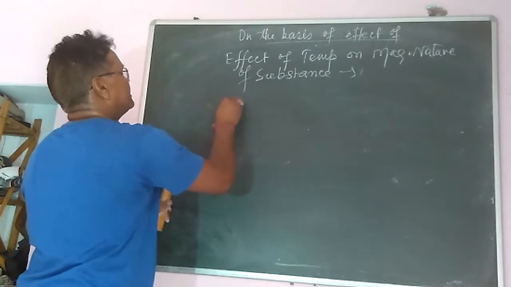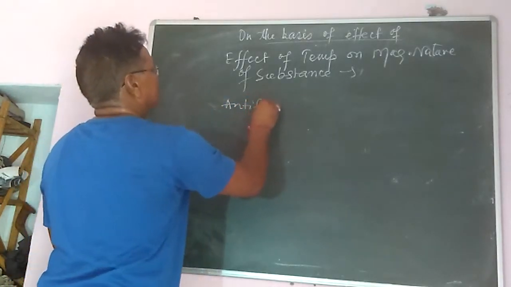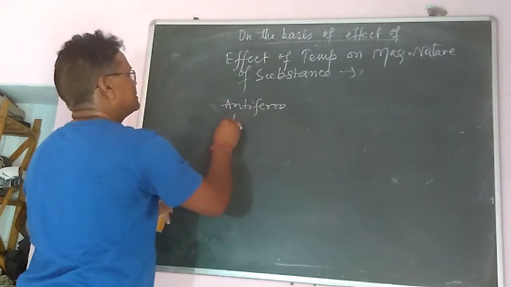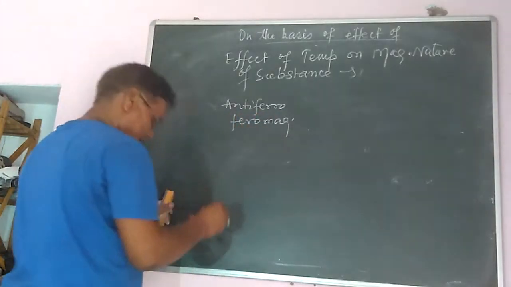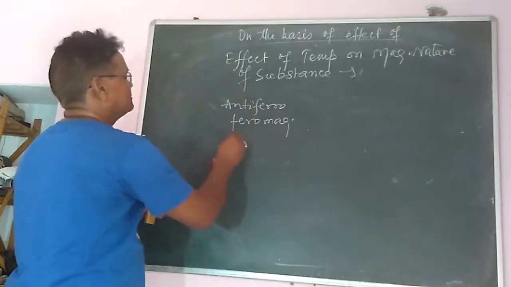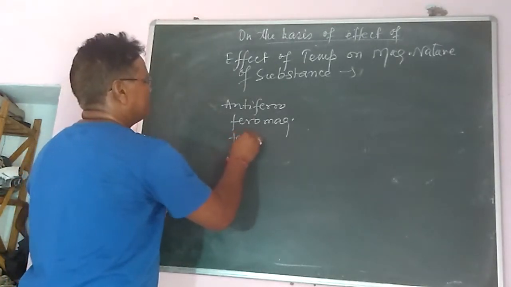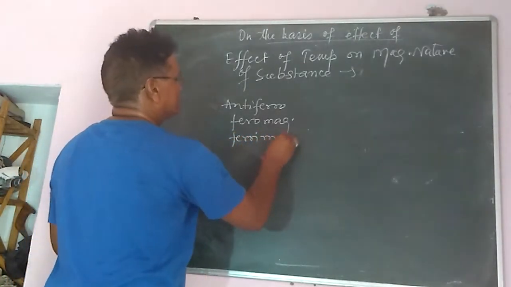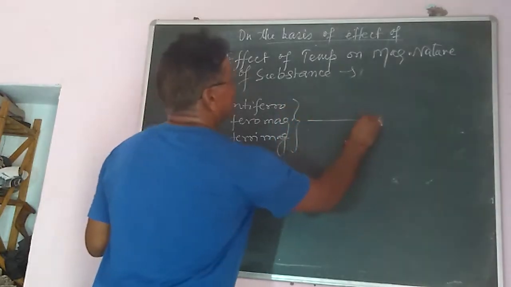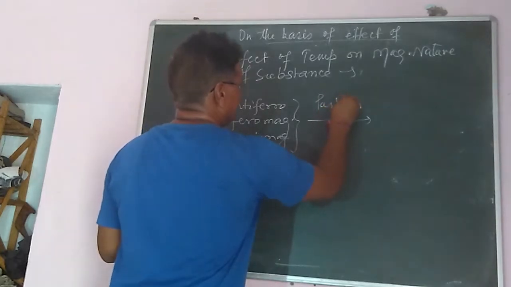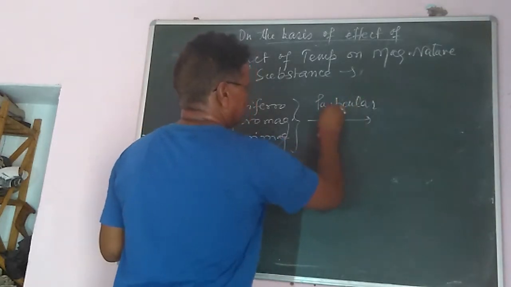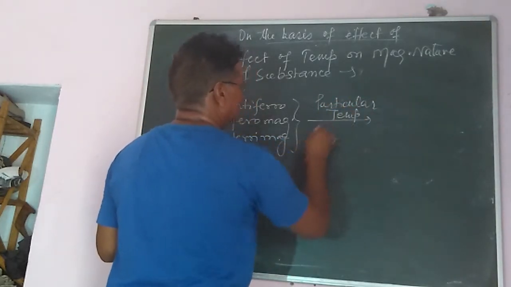That is antiferromagnetic, ferromagnetic, and here ferrimagnetic. We give a particular temperature, that is the Curie temperature.